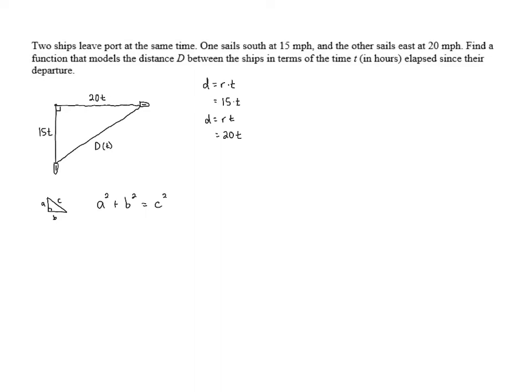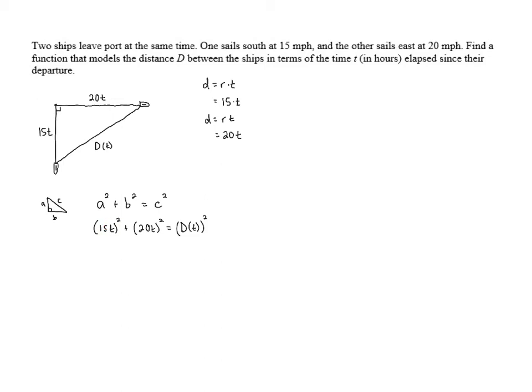In this problem, that's going to be (15t) squared plus (20t) squared equals our distance function d of t, squared. Now, on the left-hand side, we can actually square these out.